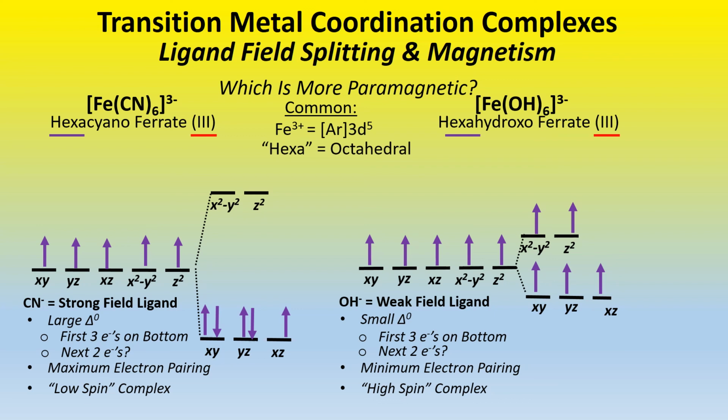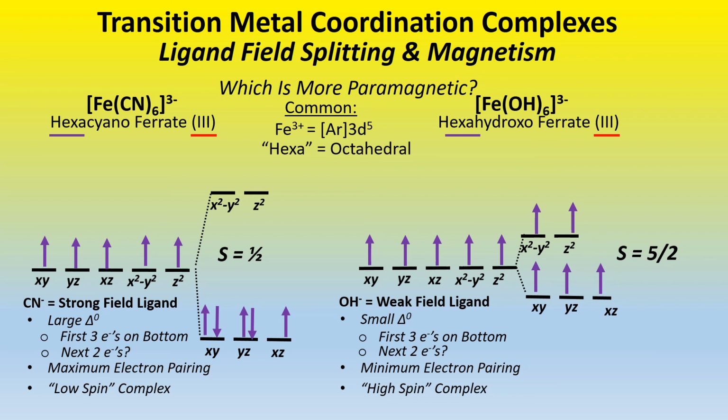So if I add up the spins for the cyanide complex, I have plus a half, minus a half, up, down, plus a half, minus a half, up, down, and up. That gives me a spin of 1/2. However, for the hydroxide complex, 5 electrons, plus a half, plus a half, plus a half, plus a half, and a half, gives me a spin of 5/2.